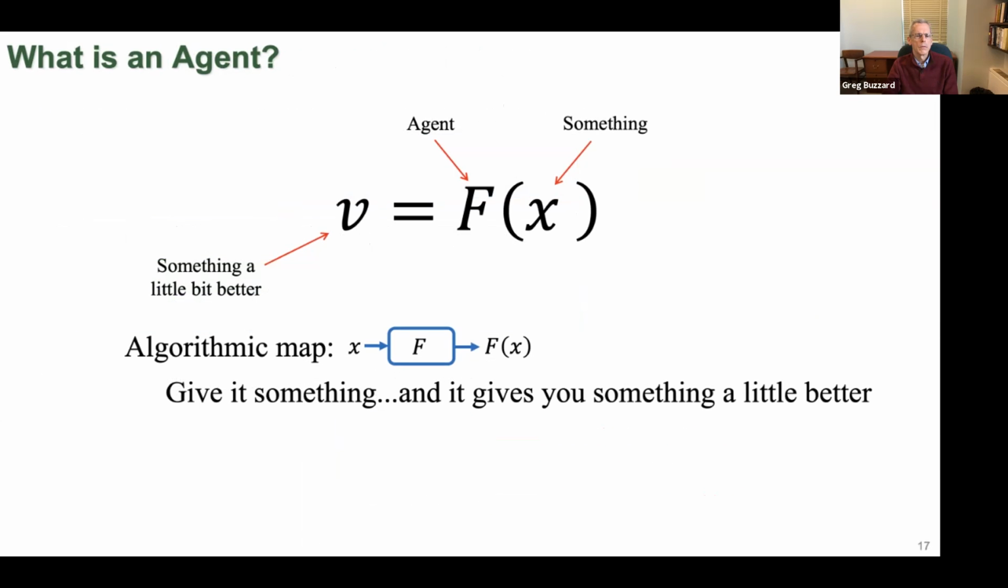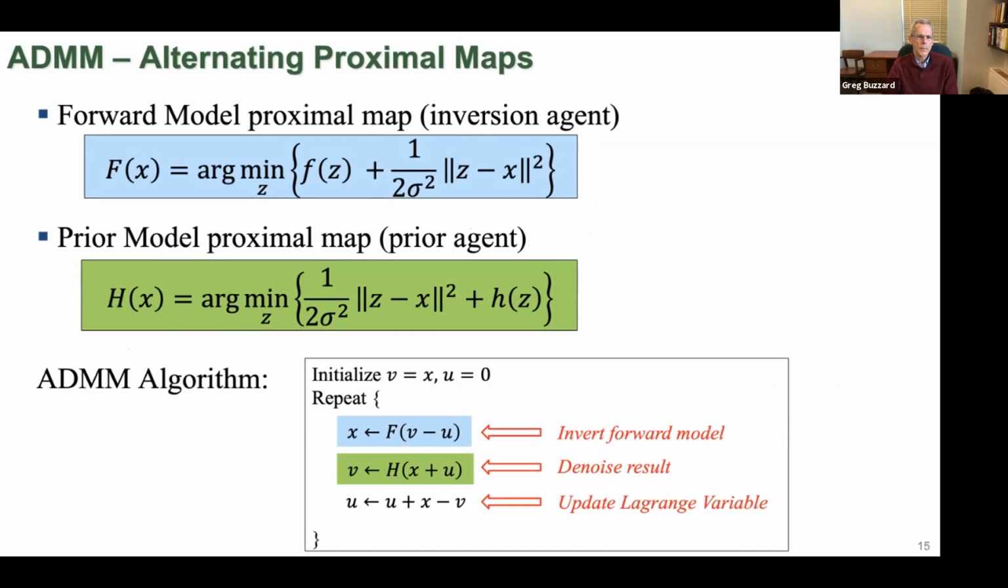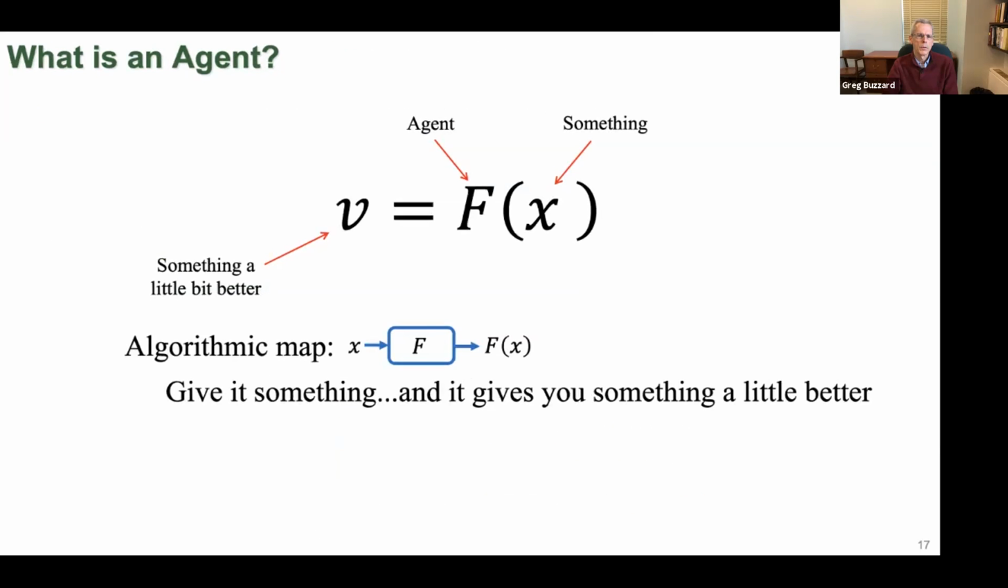Okay, so just to back up a little bit, this idea of an agent is essentially an algorithmic map that's designed to give you something a little bit better. So an example is exactly this proximal map. It takes some input, a base point.